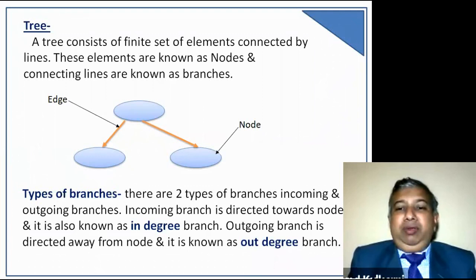A branch which is coming towards a node, and a second branch going outside from the node. Incoming branch is directed towards the node and it is also known as in degree branch, whereas outgoing branch is directed away from the node and it is also known as out degree branch.